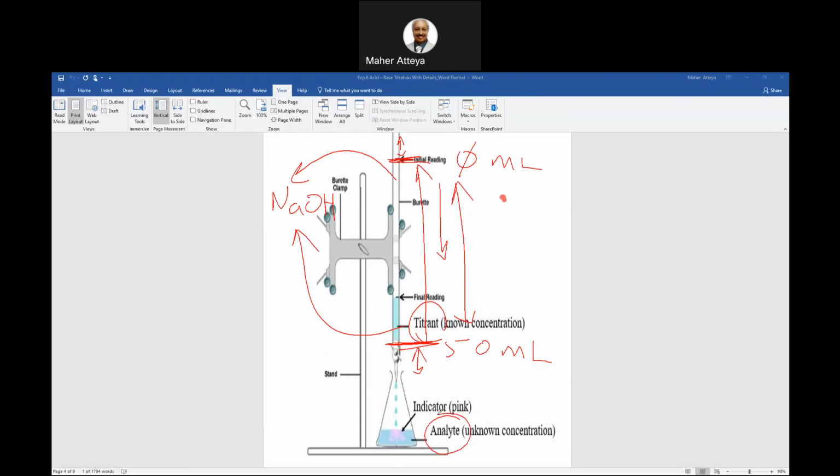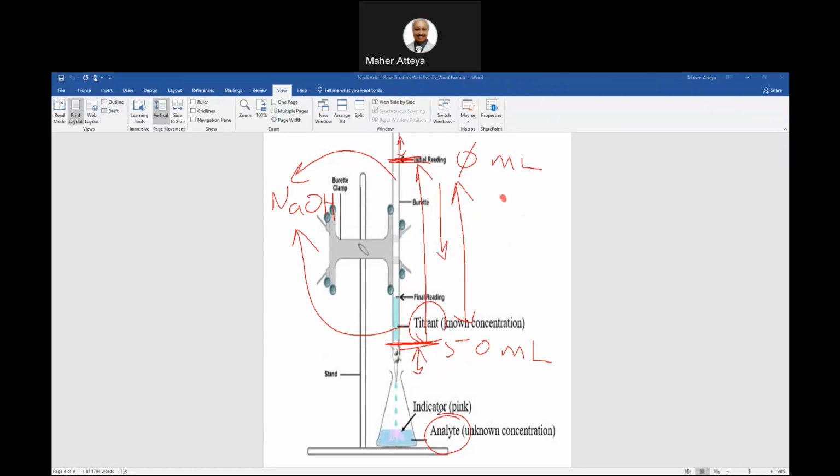You start titrating dropwise until you are very close to the endpoint. How can we tell the endpoint? The endpoint will turn pink, but not at once. It will flash pink, and you have to be careful. Just add a little bit, less than one drop, until you see the pink color.